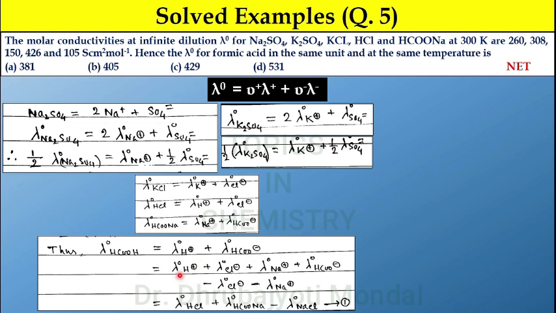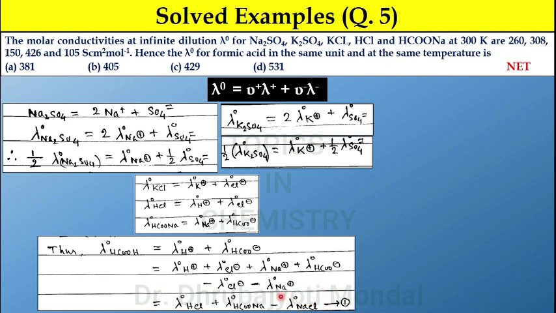Now you can write lambda 0 H plus plus lambda 0 Cl minus plus lambda 0 Na plus lambda 0 HCOO minus minus lambda 0 of Cl minus minus lambda 0 of Na plus. So from that equation you can write that lambda 0 HCl plus lambda 0 HCOONa minus lambda 0 of NaCl. But you can see the lambda 0 of NaCl is not given in that question.